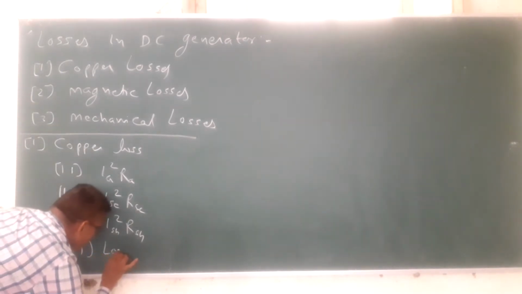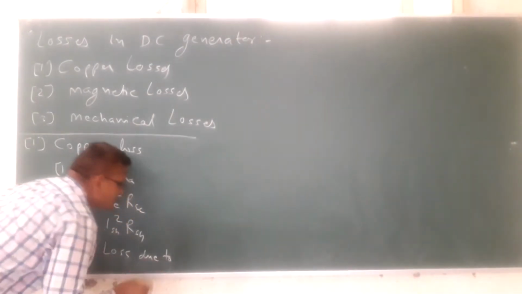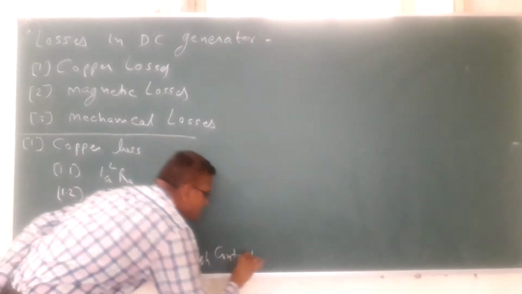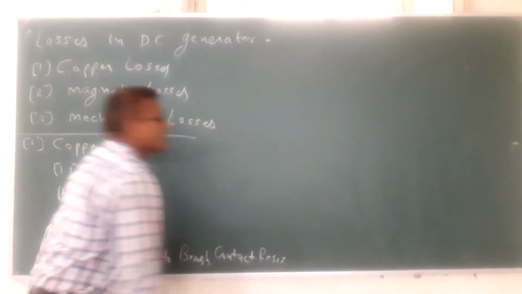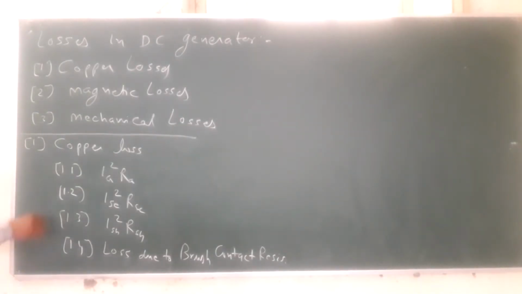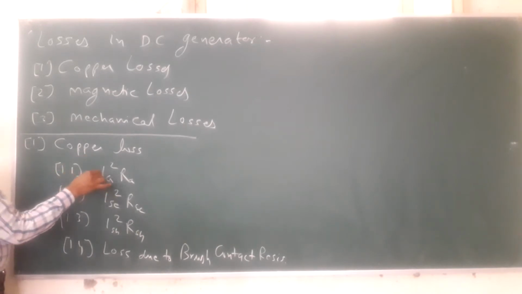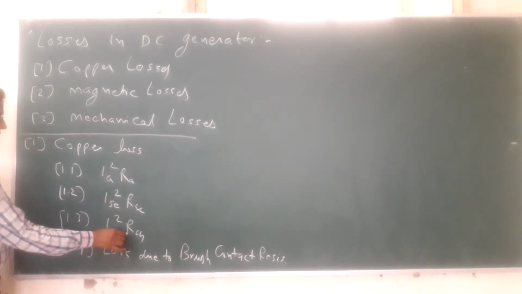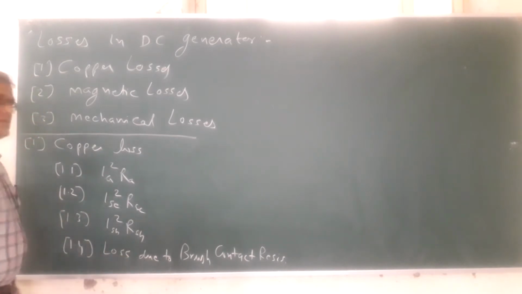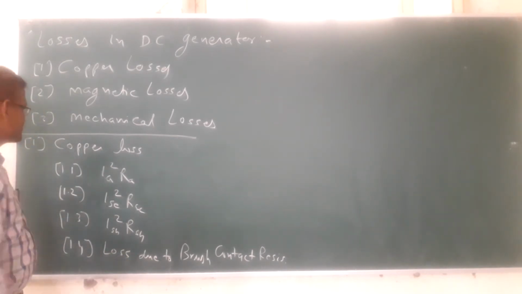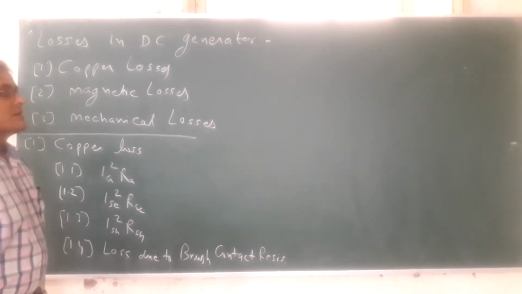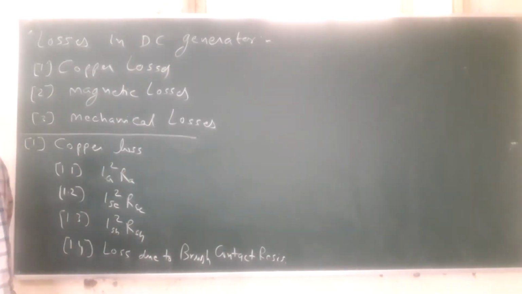So, copper loss in armature winding, copper loss in series field winding, copper loss in shunt field winding, and copper loss due to brush contact resistance constitute total copper loss in DC generator.